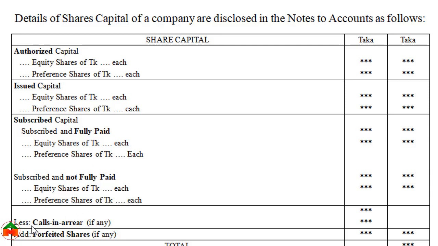As well, you have to deduct the calls-in-arrear, if there is any. And if there is any forfeited share, you can also add it to the subscribed capital. By this format, you can represent the subcategory or subdivision of share capital in the notes to financial statements, as a note to share capital.